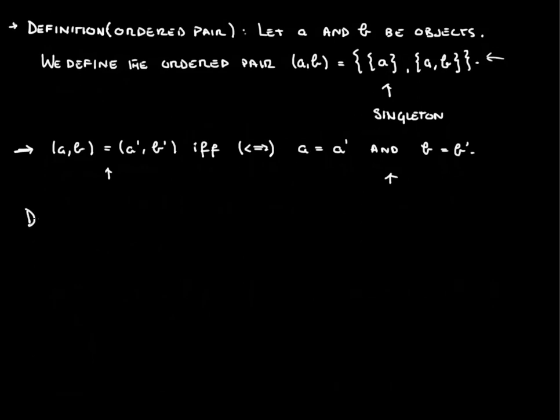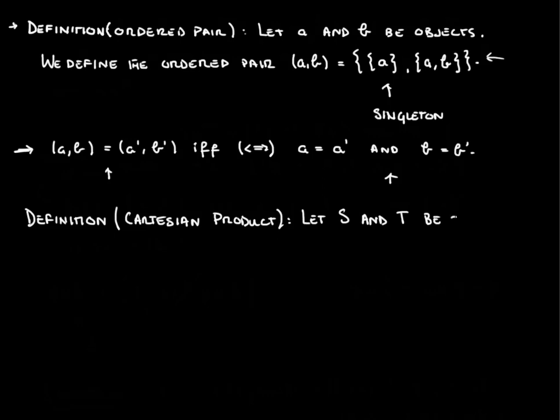The actual definition that we want to talk about is the Cartesian product. So we're going to need two sets. So let S and T be sets.